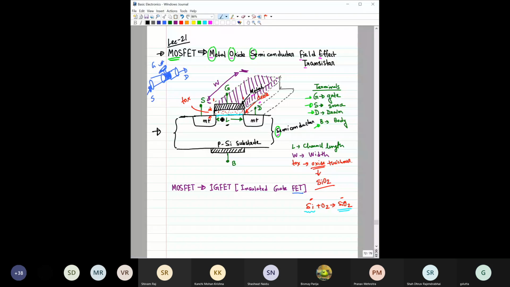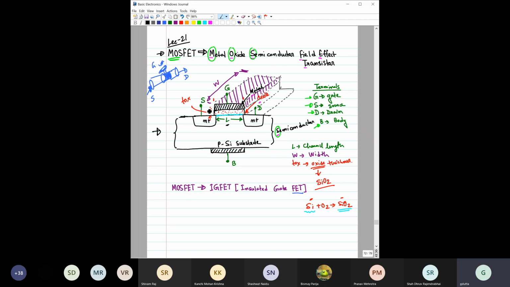We have also seen there are four terminals of this MOSFET: the gate, source, drain, and the fourth one is the body terminal. For our initial discussion, we will assume that the body is grounded, same as the source, for this N-channel MOSFET.